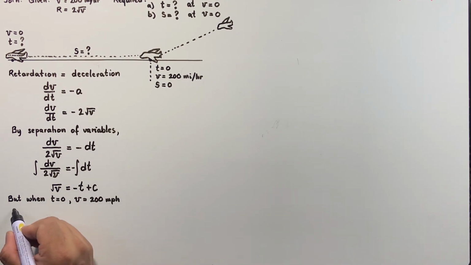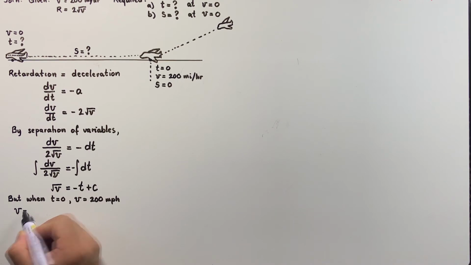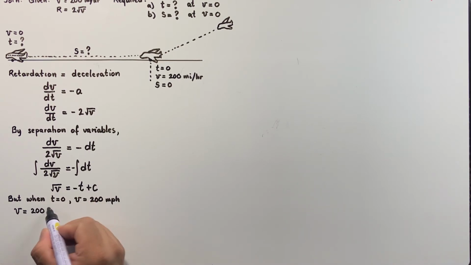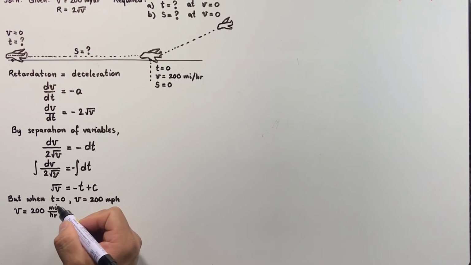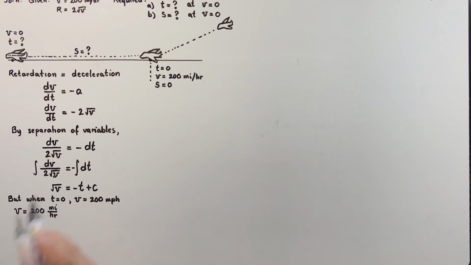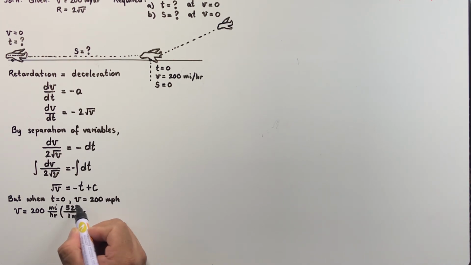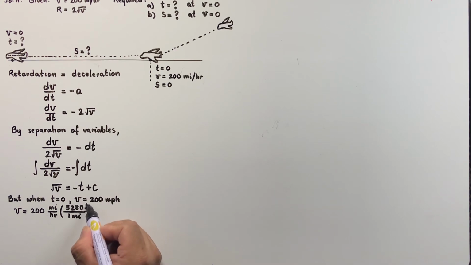But take note that this 200 miles per hour must be converted to a unit that is suitable for our given units in the problem. So let us convert this to feet at this time. So we know that 1 mile is equal to 5,280 feet. But the hour must also be converted into seconds.